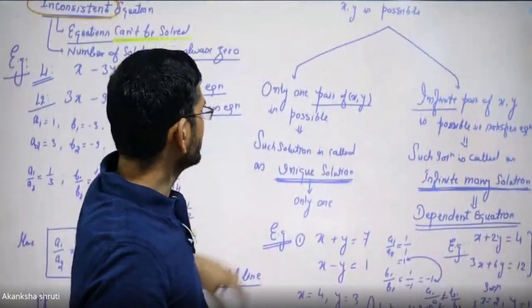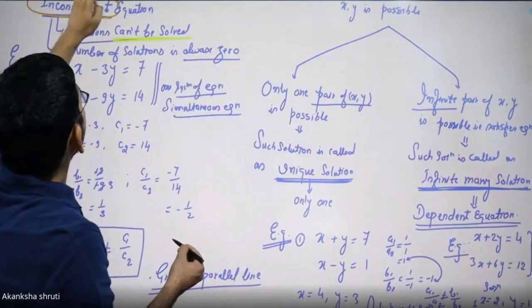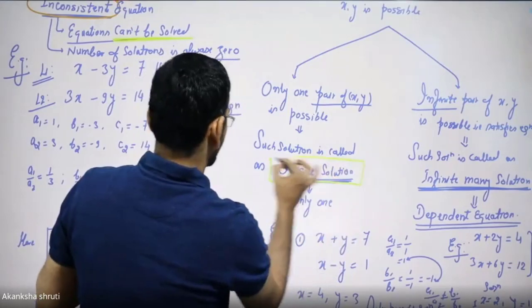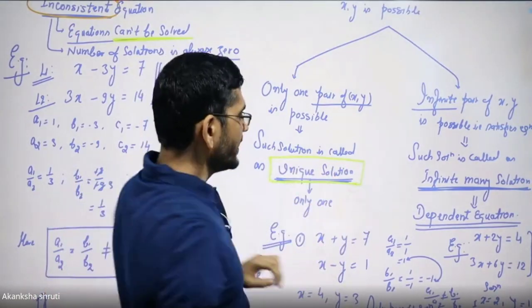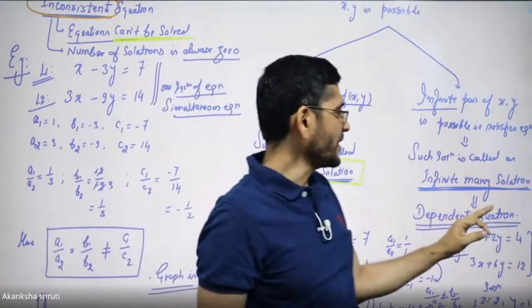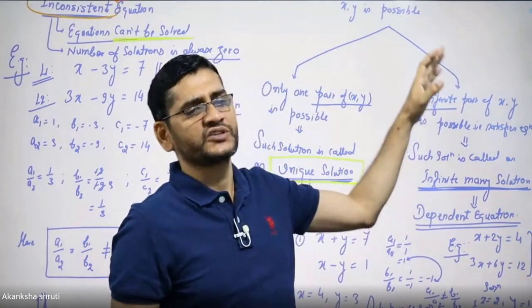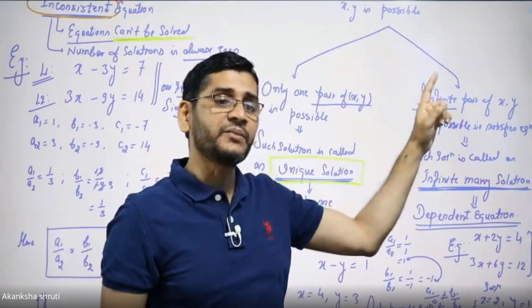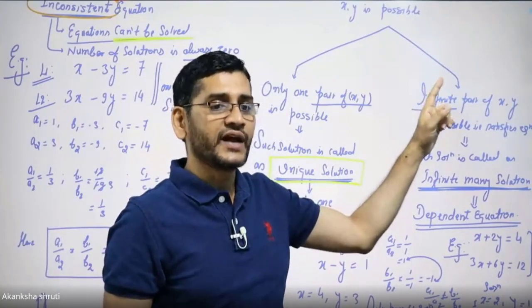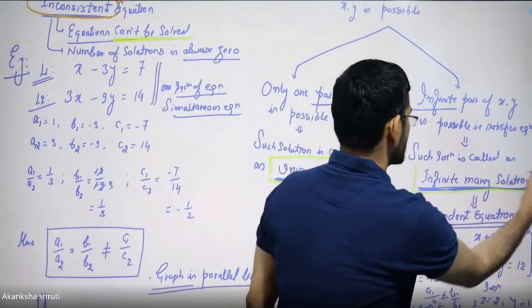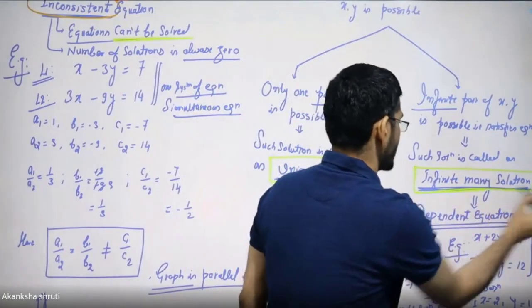If there is only one pair of x and y, it is called a unique solution. If more than one pair of x and y is possible, means a large number, infinite number of x and y is possible, that's why it is named infinitely many solutions. Okay, do not forget these things.